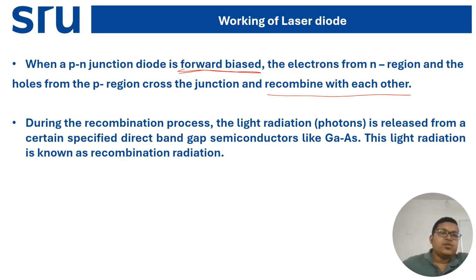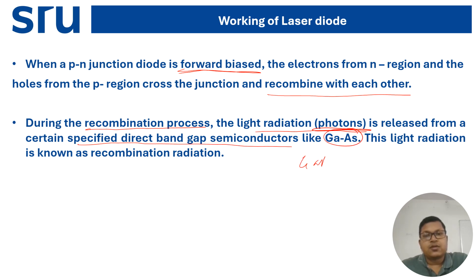During the recombination process, the light radiation, that is photons, is released from certain specific direct bandgap semiconductors like gallium arsenide. So this light radiation is known as recombination radiation.